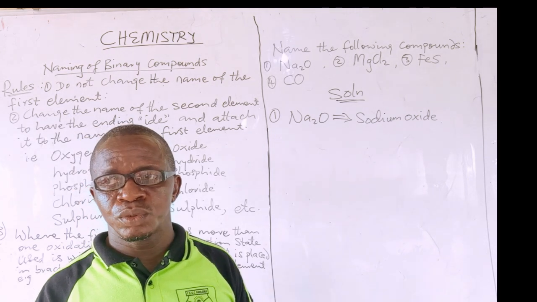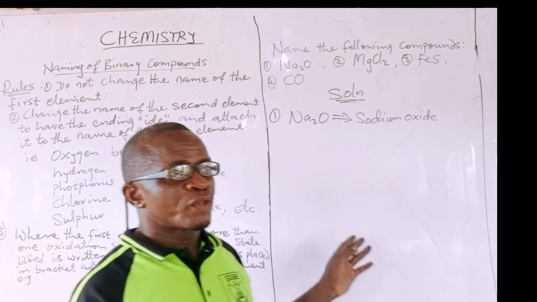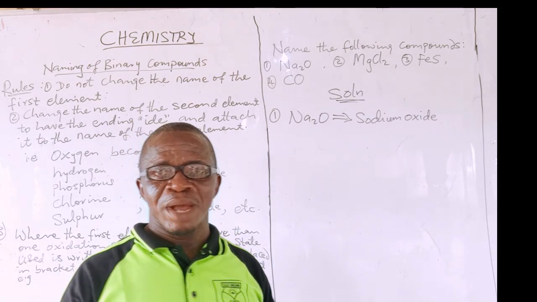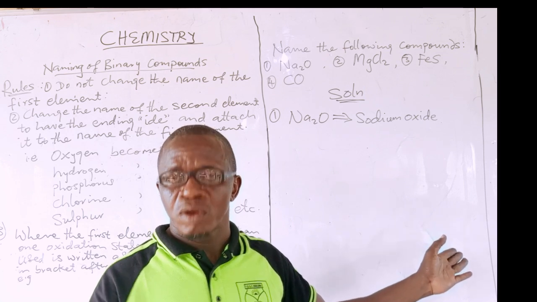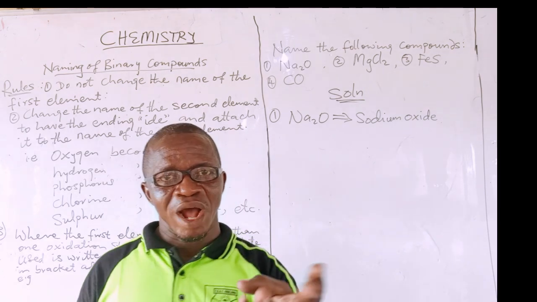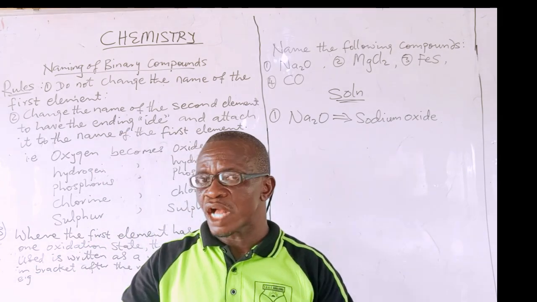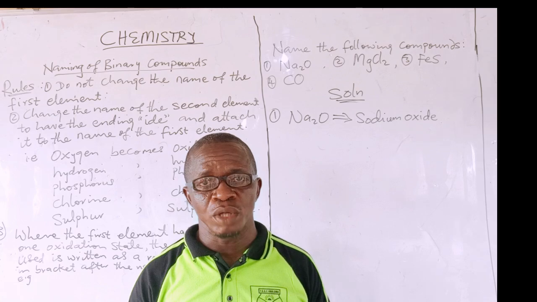Remember, I told you in one of our earlier classes how to know when an element is a metal: by writing the electronic configuration of that element. Once you have 1, 2, or 3 electrons on the outer shell, that element is a metal.